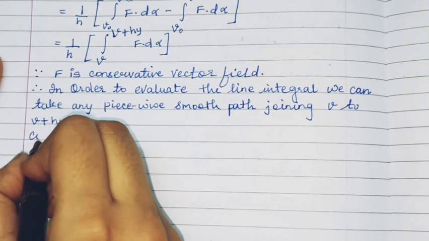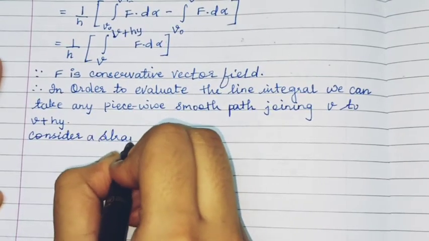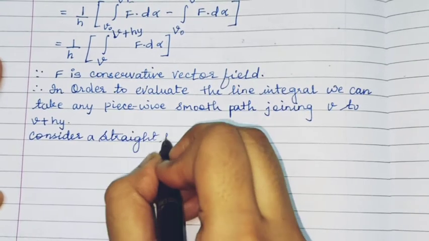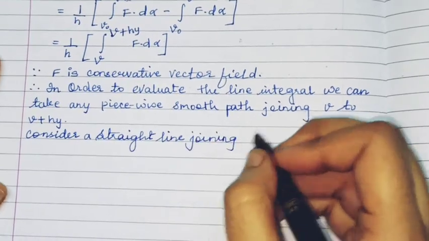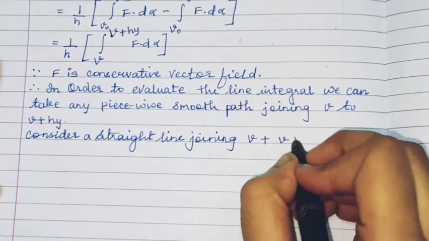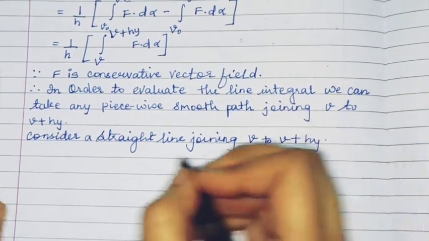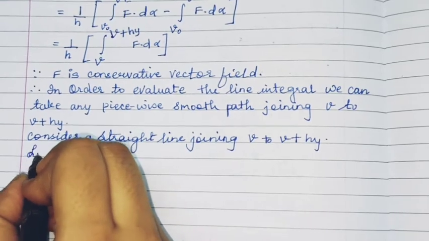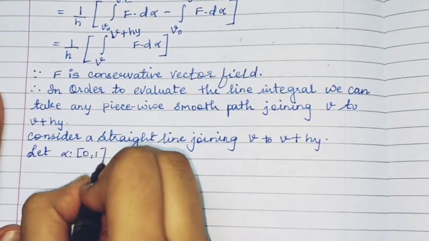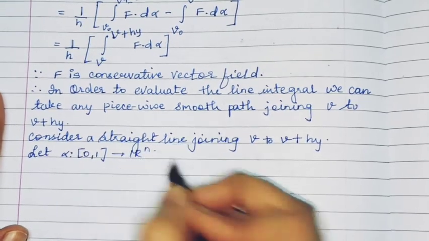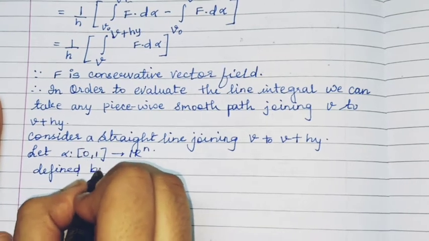Now defining the parameterization. So consider a straight line joining v to v plus hy. Now we will define the parameterization. Let alpha from [0, 1] to R^n.